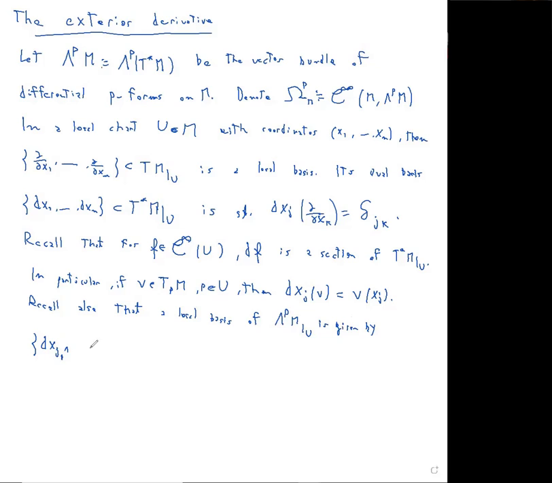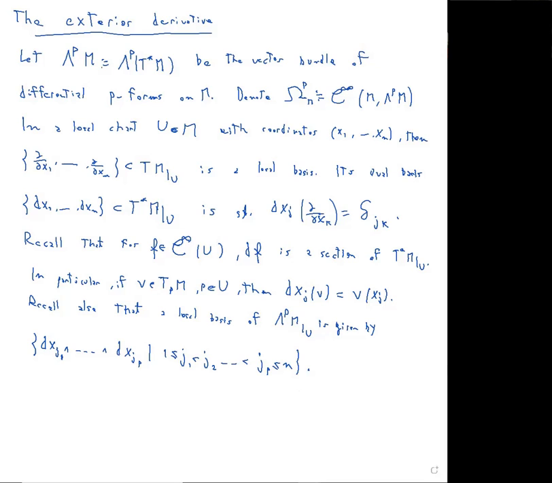So dx_{j1} wedge ... wedge dx_{jp}, and we just order them such that they're in increasing order, and there is no repetition, because we know if there is a repetition, they're just 0. Okay, so this is also a basis for this set of sections.